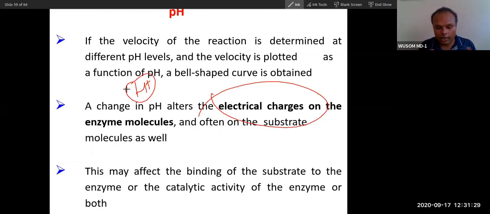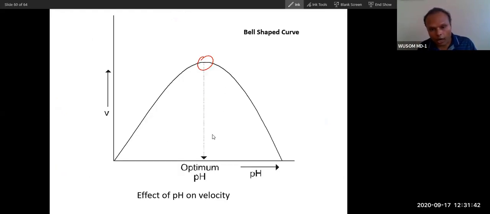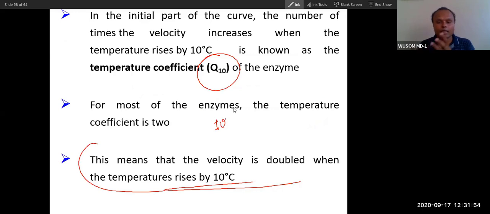That is why enzyme activity is very particular to a particular pH. The rate of reaction decreases below the optimum pH, and also decreases if you increase pH above it. Same thing goes for temperature, because temperature also has the same effect on protein structure.